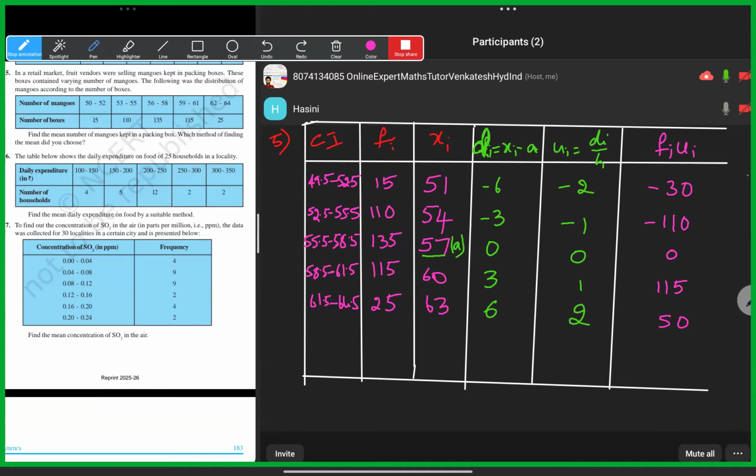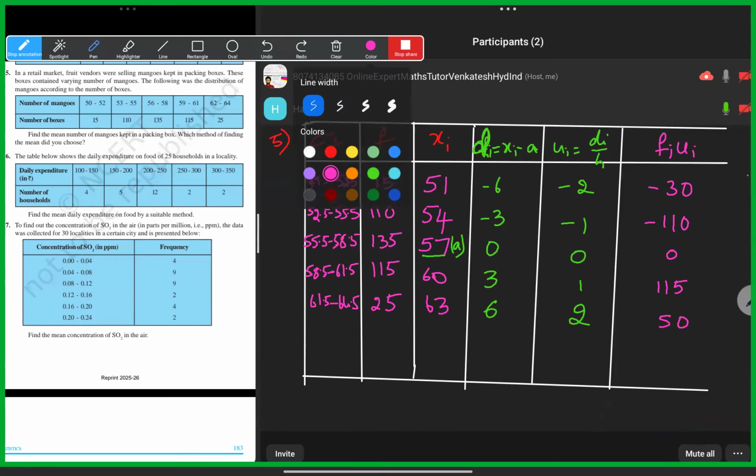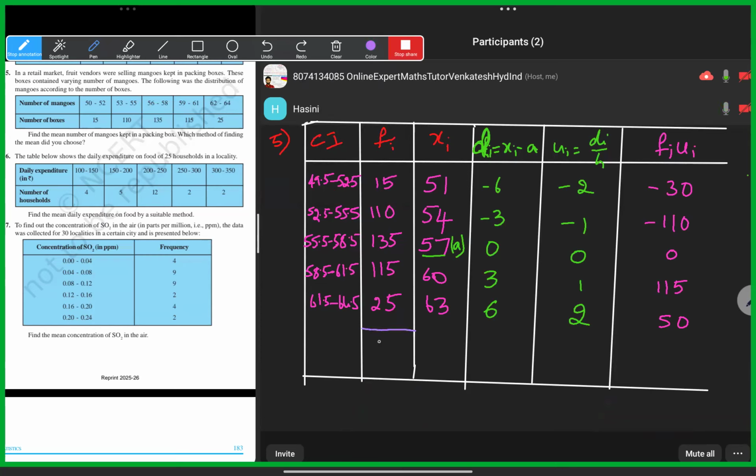So Hasni, now what we will do is sigma Fi value, we will do it, and sigma Fi di we will do it. So sigma fi, how much will we get?